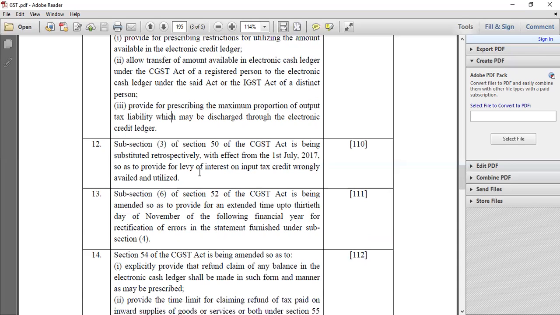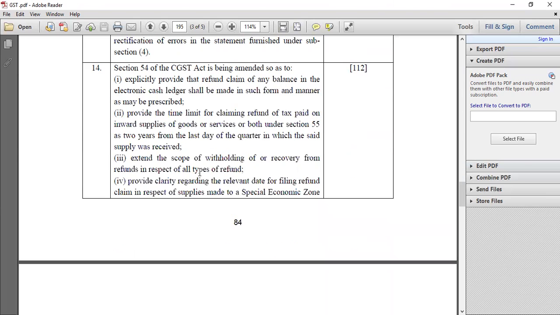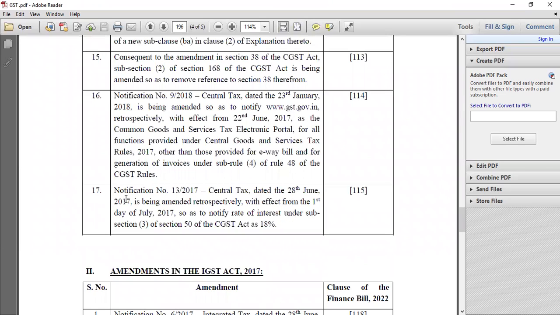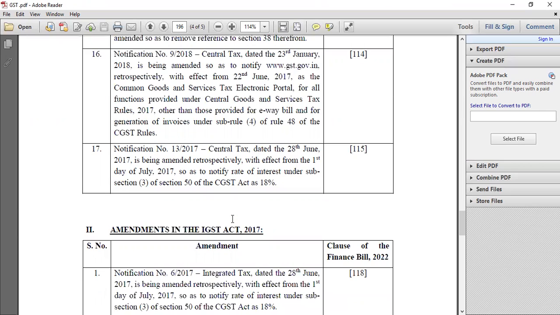If the taxpayer wrongly avails and utilizes the input tax credit, then a percentage of interest will be levied from the taxpayer. That percentage is being prescribed by amending notification number 13/2017, dated 20th June 2017. This is also being amended retrospectively with effect from 1st July 2017 to notify the interest as 18%.